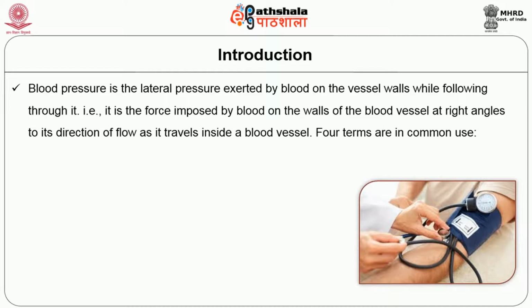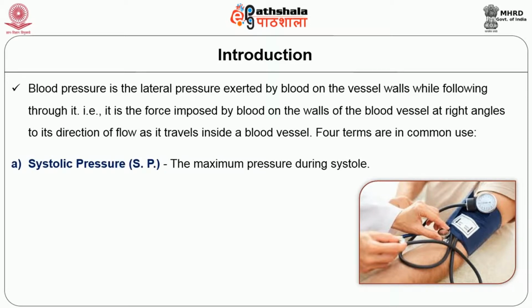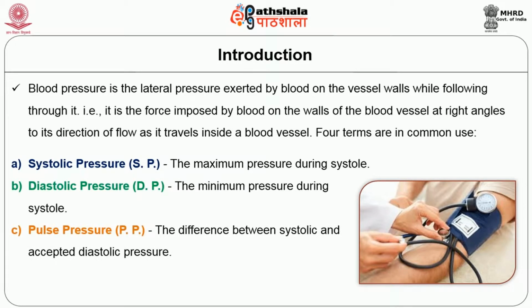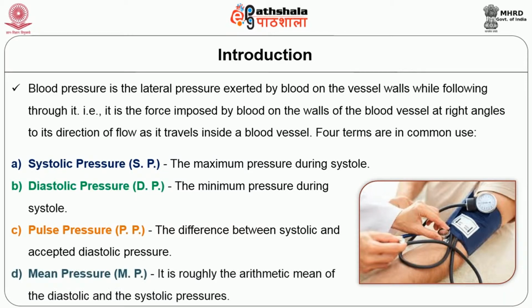Four terms are in common use, namely systolic pressure, that is the maximum pressure during systole; diastolic pressure, the minimum pressure during diastole; pulse pressure, the difference between systolic and diastolic pressure; and the mean pressure, which is roughly the arithmetic mean of the diastolic and the systolic pressure.